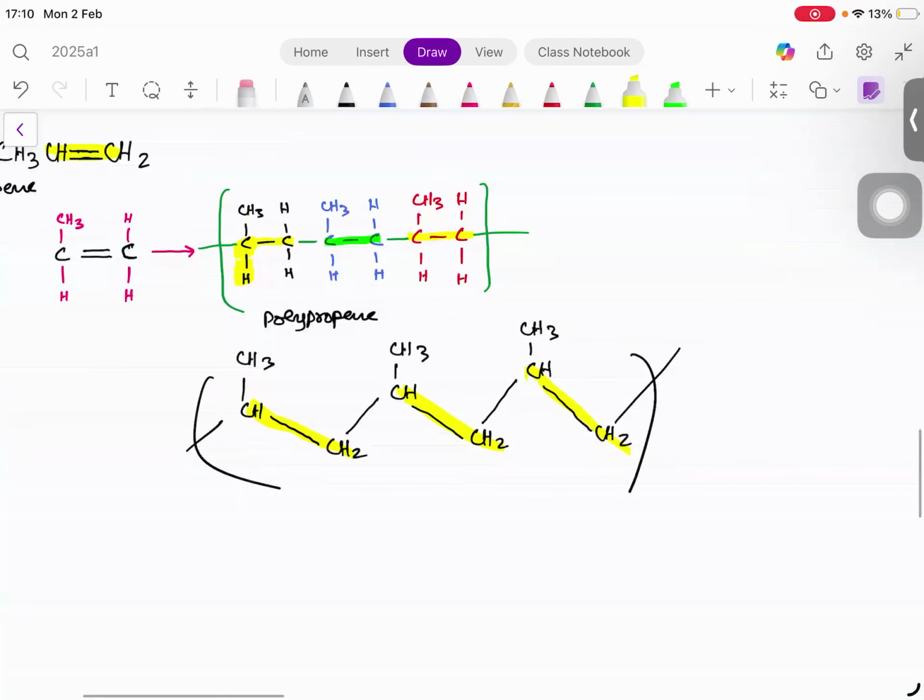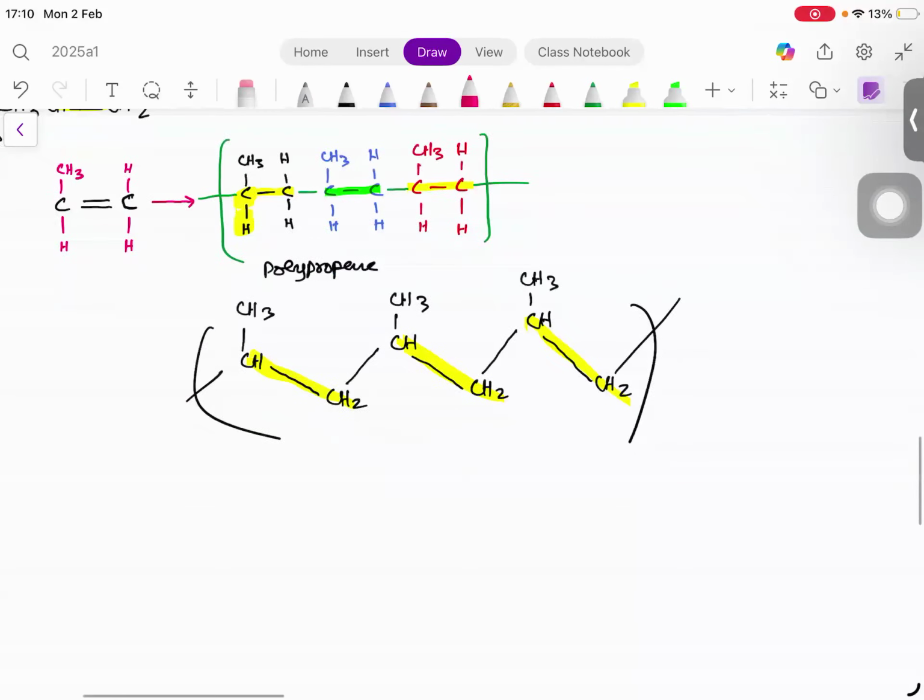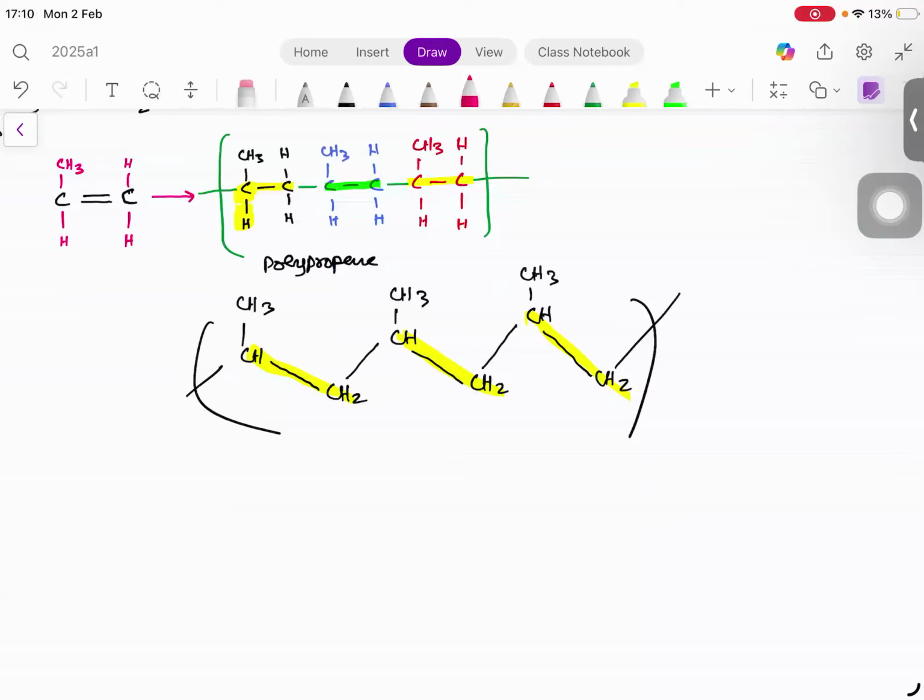Now they ask you to draw at times the full skeletal. This is kind of semi-skeletal. They ask you to draw the full skeletal. So when they ask you to draw the full skeletal, you have to draw like this.